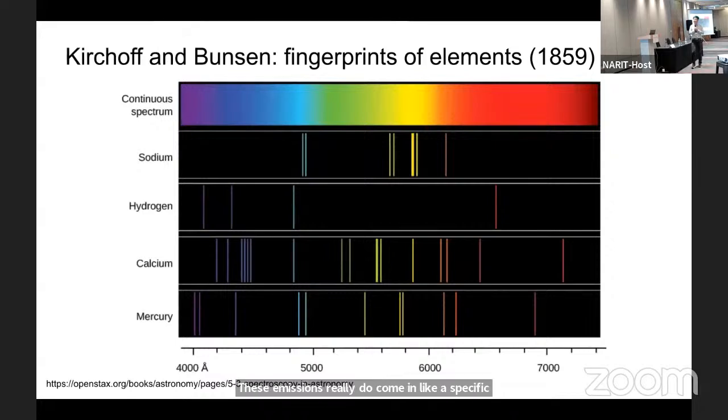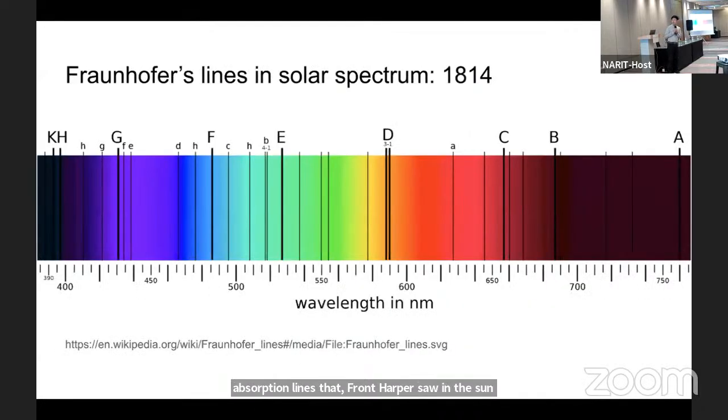What's more is that they noticed that all these different lines line up perfectly with the absorption lines that Fraunhofer saw in the sun. So if you go back here, it turns out the A and B lines are just from the Earth's atmosphere. The C line is hydrogen. This is hydrogen alpha, the strongest hydrogen line in the optical.